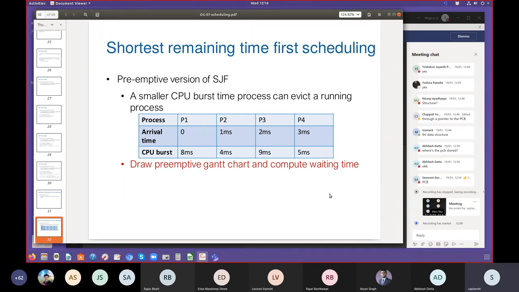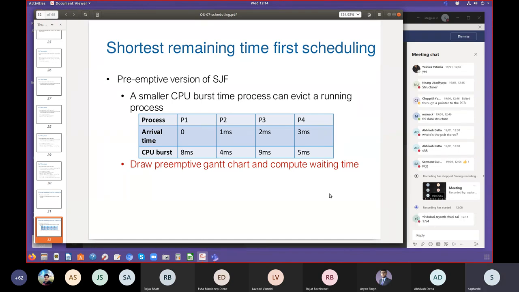Okay, any answers about the average waiting time? Okay, is anyone trying at all? Just say yes. Oh, okay, fine. Okay, Jayant is saying 17 by 4.